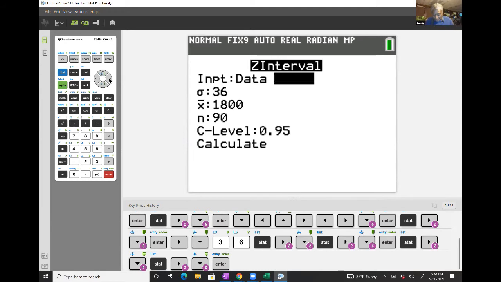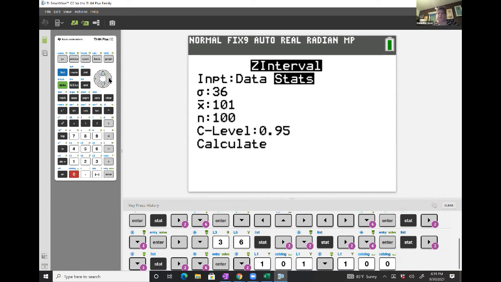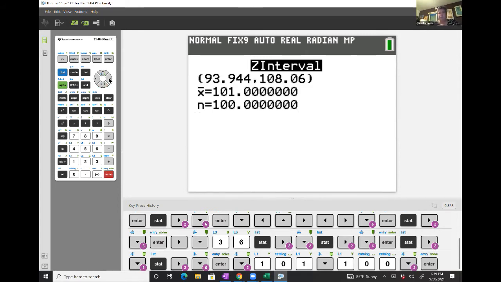All right, so the standard deviation is 36, the mean is 101. The sample size is 100. Confidence level, no change, right? And you want to go down to calculate. Enter. What do you get?